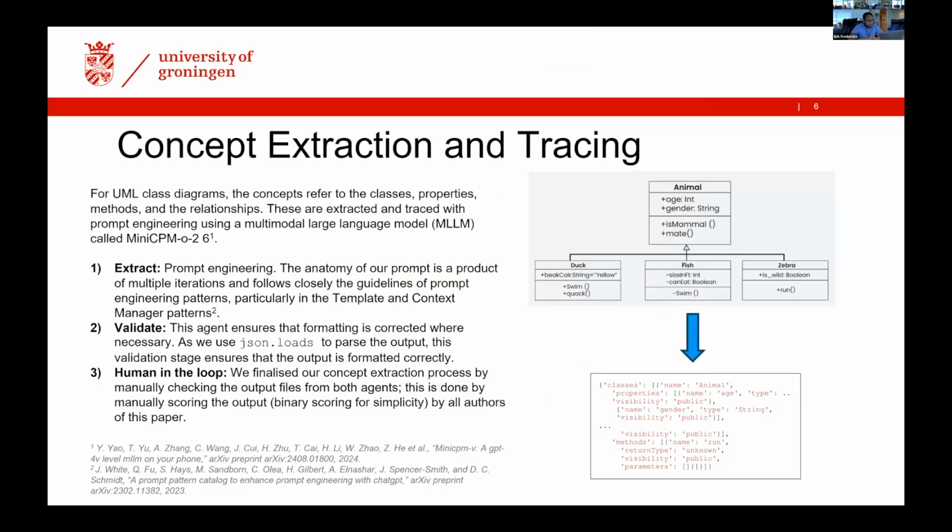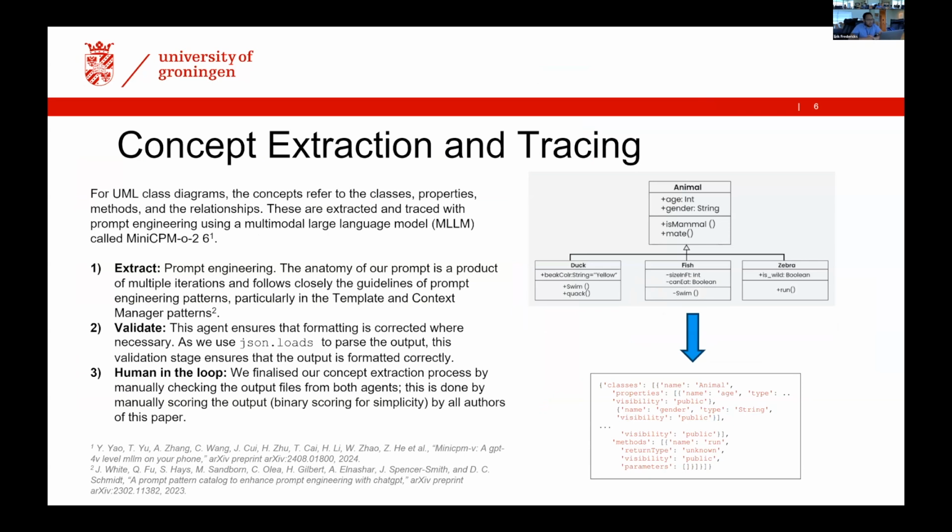Concept extraction and tracing, basically what it is, if you think of it like converting to a JSON, that's the easiest way for me to explain it. However, it is a 3-step process that involves computer vision, where we basically identified all the classes and properties in every UML class diagram and explained that in a relationship.